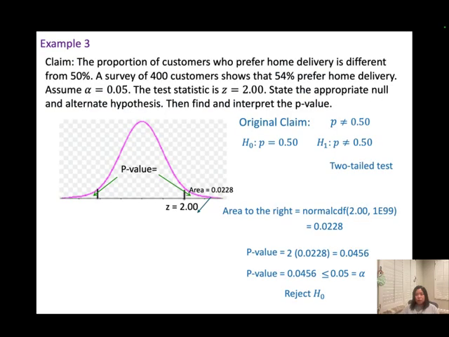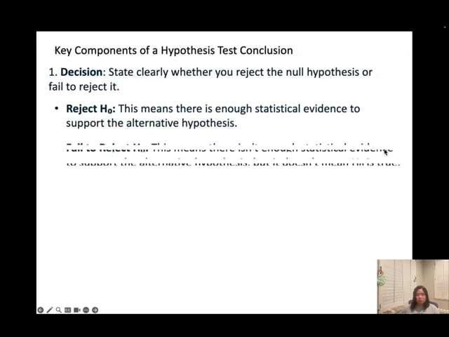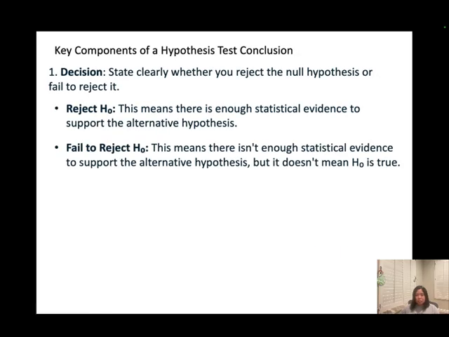One more time: when we reject this, that means we do have sufficient evidence to support that the proportion is not equal to 0.50. But if I say fail to reject, it means we do not have enough evidence to support the alternate hypothesis. But it doesn't mean the null hypothesis is true. We can only say we don't have enough evidence to support the alternate hypothesis.